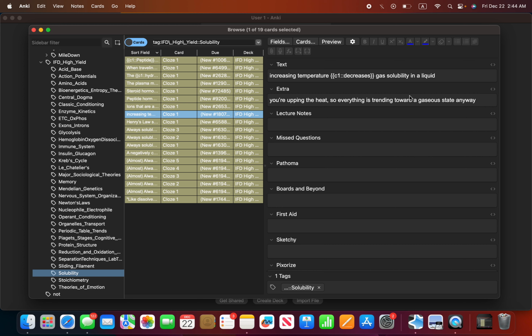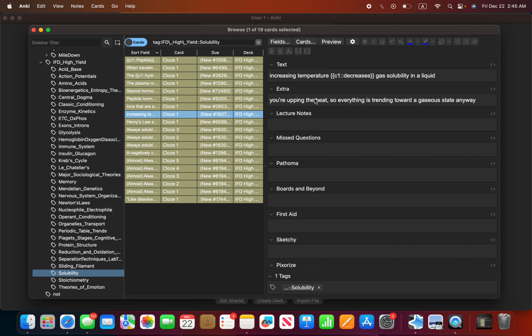It makes sense: when you're upping the heat, everything is turning into gas, so the gas is basically escaping and the gas solubility decreases.